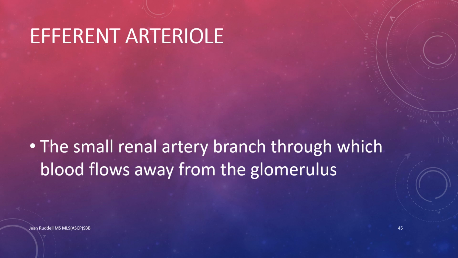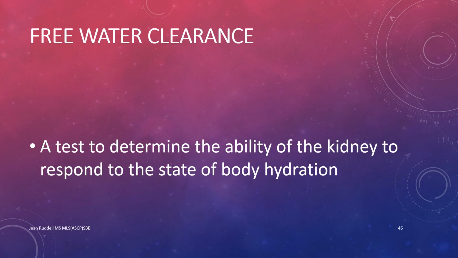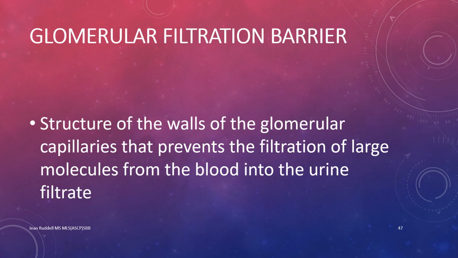Efferent arteriole, the small renal artery branch through which blood flows away from the glomerulus. Free water clearance, a test to determine the ability of the kidney to respond to the state of body hydration. Glomerular filtration barrier, structures of the wall of the glomerular capillaries that prevent the filtration of large molecules from the blood into the urine filtrate.